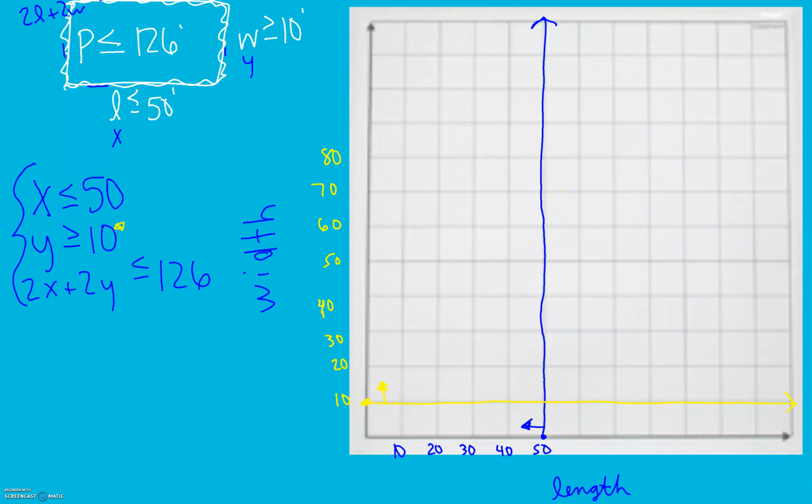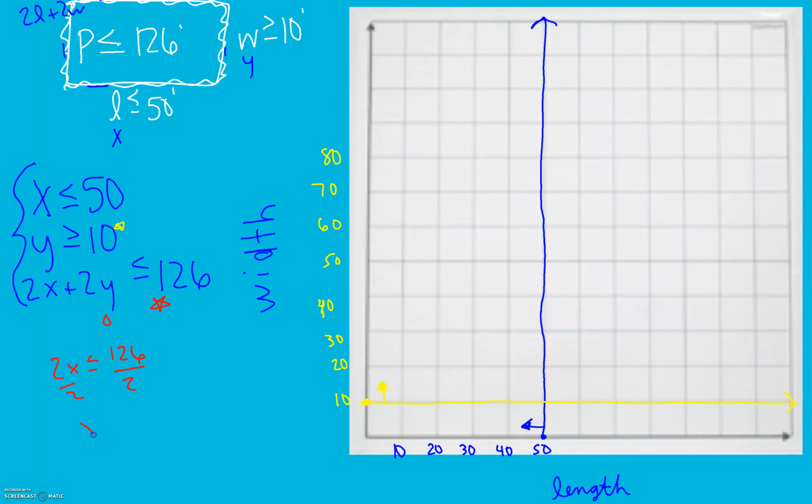Now, my third line here, couple options. We can find our intercepts and connect them, or we can use our slope intercept form. I'm going to use intercepts. So my x-intercept, I plug a 0 in for y. And solve. If I plug a 0 in for y, I get 2x less than or equal to 126.